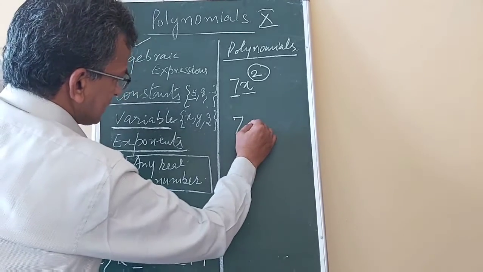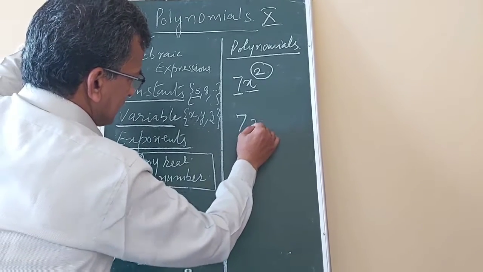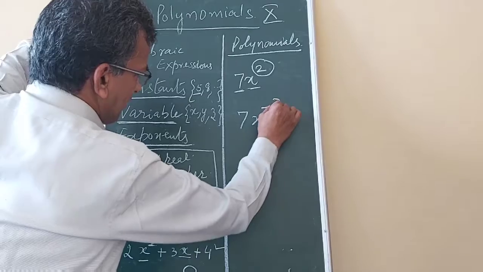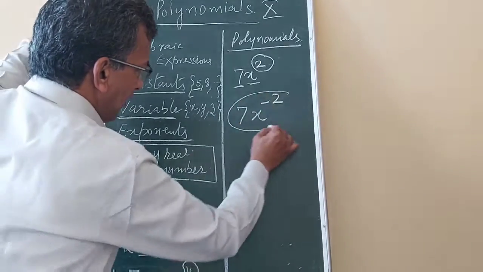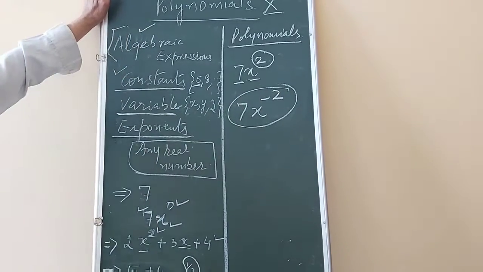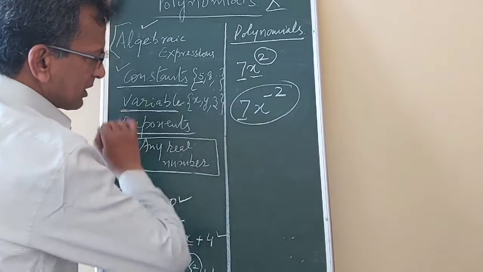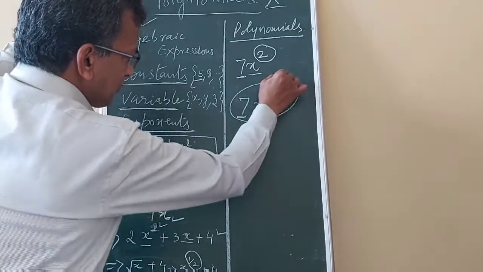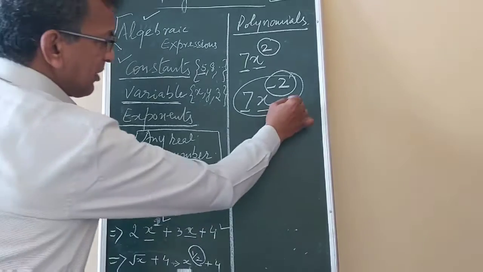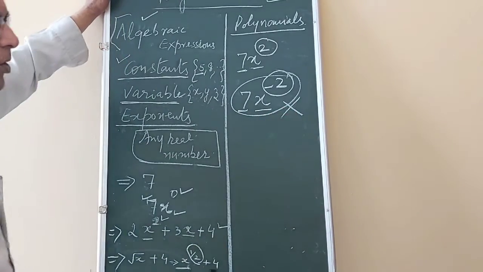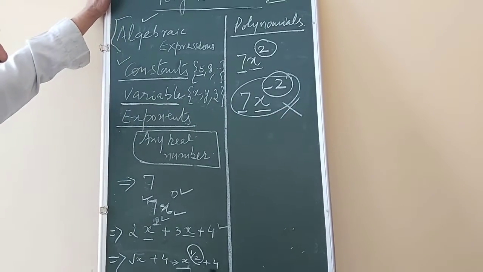Say x raised to the power minus 2. Is it a polynomial? Right? I used the constant, I used the variable, I used the exponent. But this one is not a polynomial. This one is not a polynomial.